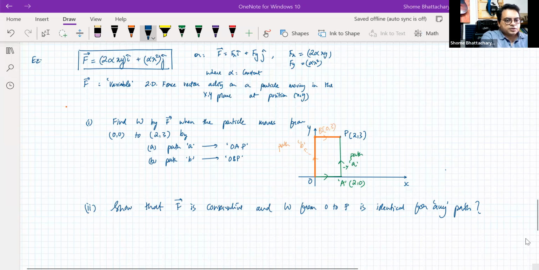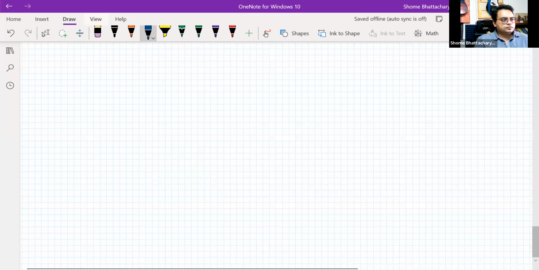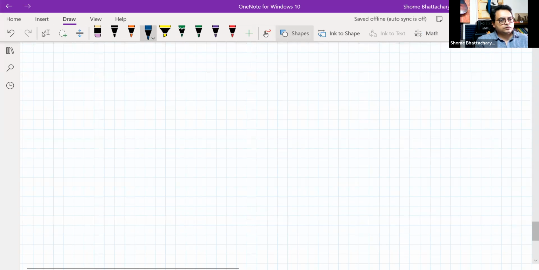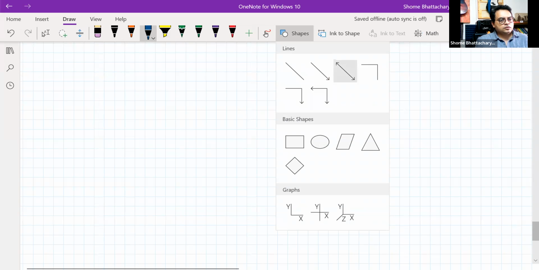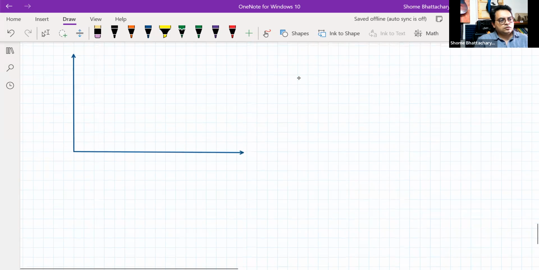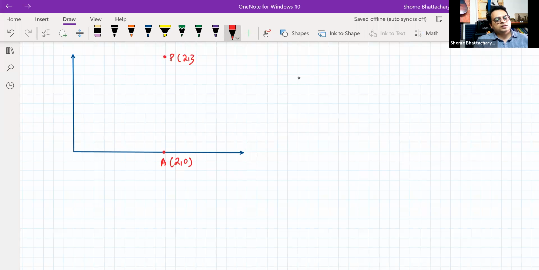Okay, so let's look at the first part. So this is our point A, let's say over here, which is 2, 0, and then somewhere up here, let's say a point P, which is 2, 3.